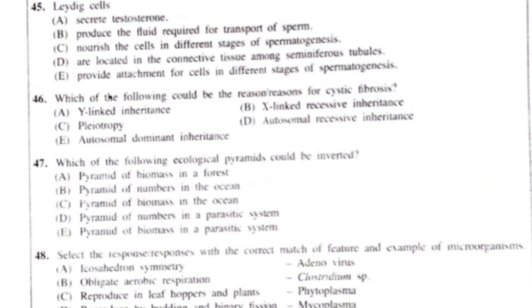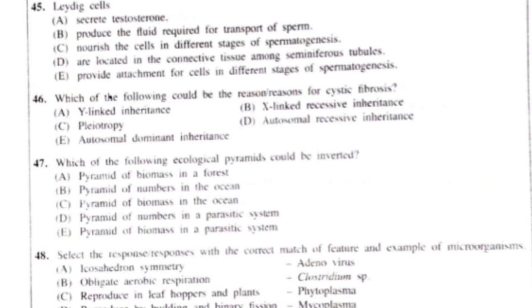That fluid is produced by associated glands, not by Leydig cells. Statement C is wrong. Nourishing the cells in different stages of spermatogenesis is a function of Sertoli cells. Statement E is also wrong. Providing attachment for cells is a function of Sertoli cells. So A and D are correct. So the answer is answer number 5.